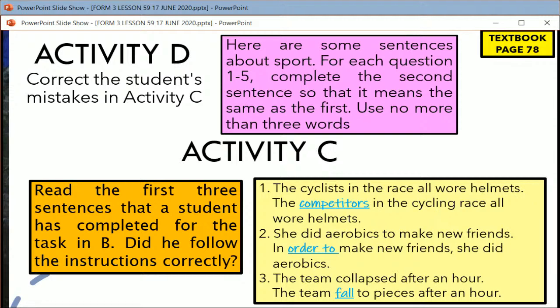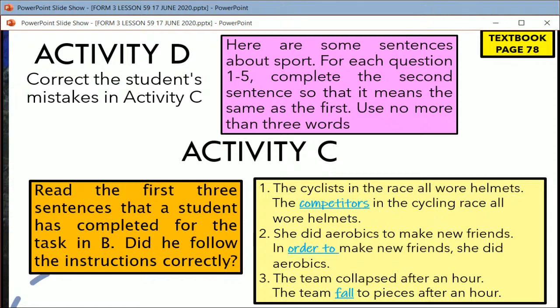Number 1, is there any mistake for number 1? Earlier all of you said that the learner is correct, because it makes sense. Yes, Nushin, it makes sense. Number 2, I think everyone agrees that is correct.